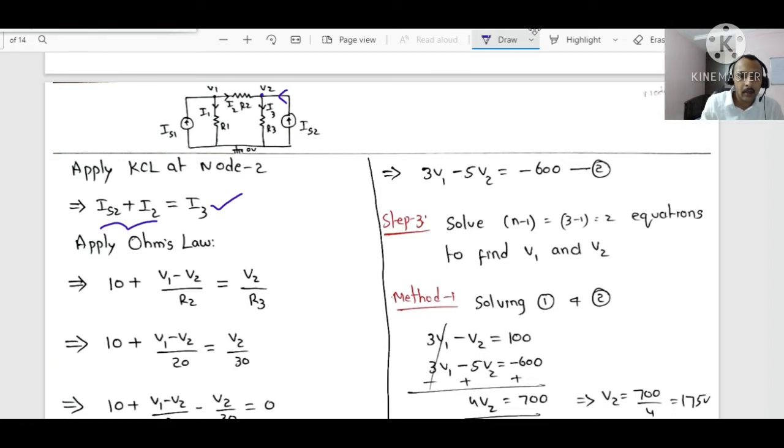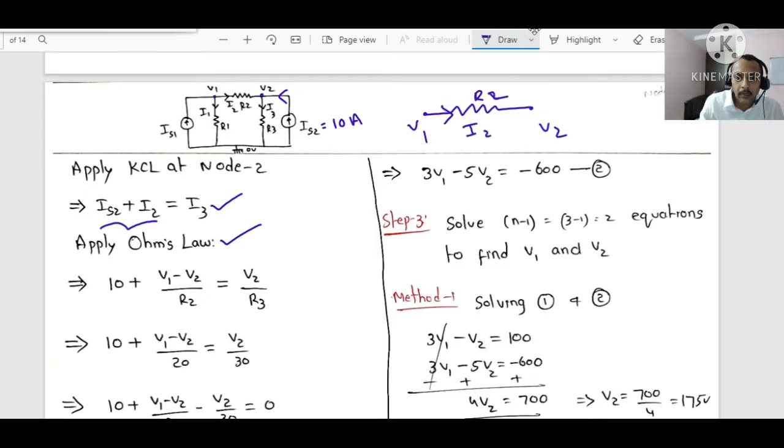Again apply Ohm's law. IS2 is given as 10 amps. What about I2? Look at the direction of the arrow. This is resistor R2. Here the voltage is V1, here the voltage is V2, and the current I2 is flowing like this.